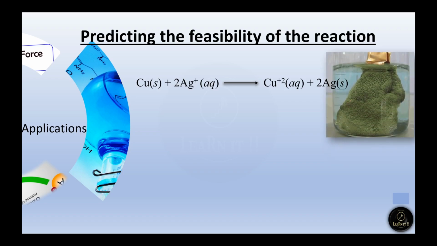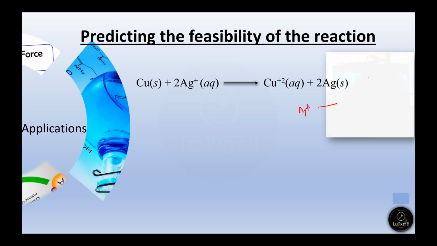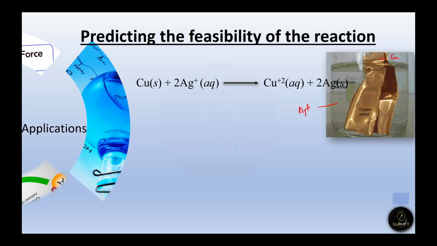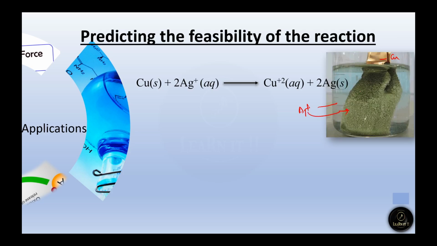It can be understood by this graphical image. Here this solution contains Ag+ ions and this is the copper metal. We can see deposition of silver over here and the solution is turning pale blue. Pale blue indicates the Cu2+ ion.